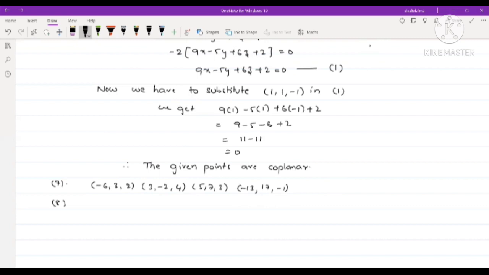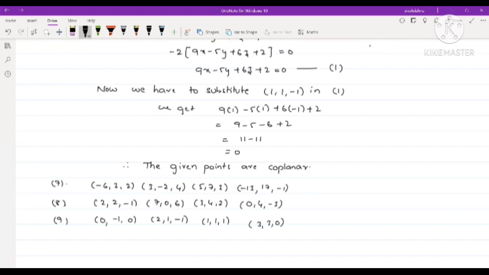So this is first one, and the second one 2 comma minus 1, 7 comma 0 comma 6, 3 comma 4 comma 2, and 0 comma 4 comma minus 3. One more, that is 0 comma minus 1 comma 0, 2 comma 1 comma minus 1, 1 comma 1 comma 1, and 3 comma 3 comma 0. Okay, so try these 3 problems for coplanar.